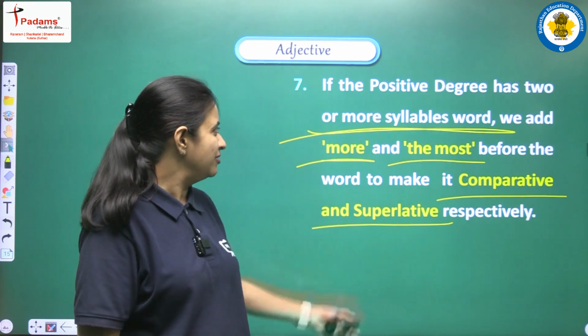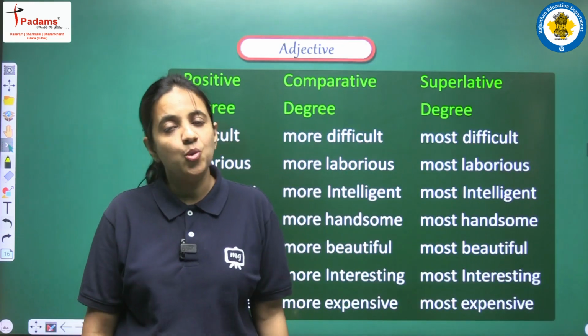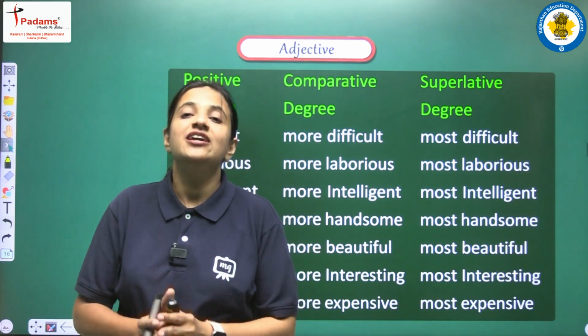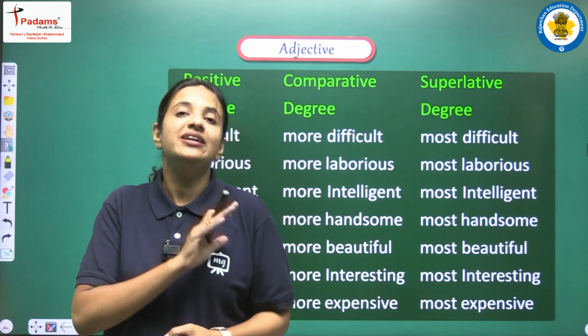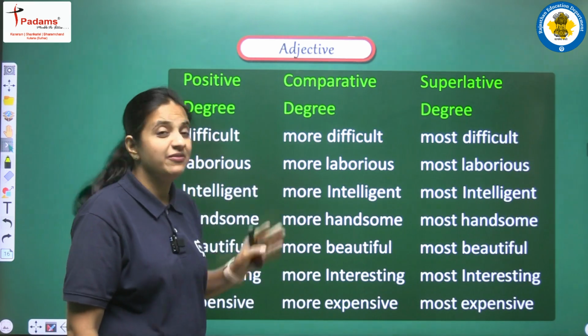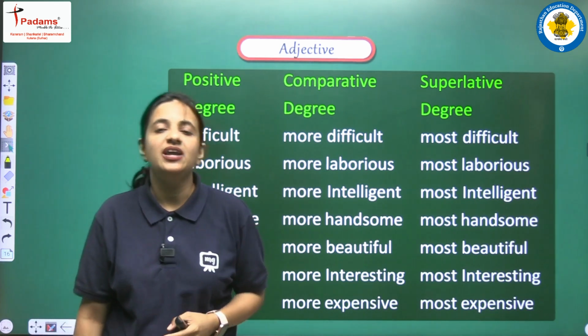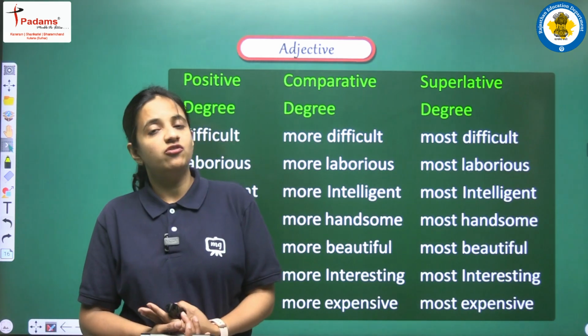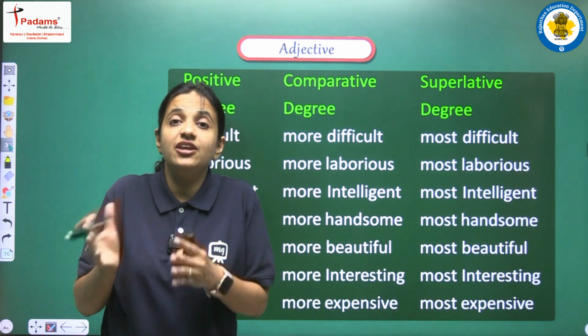So now we have one table. We have certain words. With the help of this table, I am sure you will be able to understand what a double syllable word means. So first of all, let's see, we have difficult. Students, when we pronounce it, just speak the word loudly. What word do we have here? It is difficult.